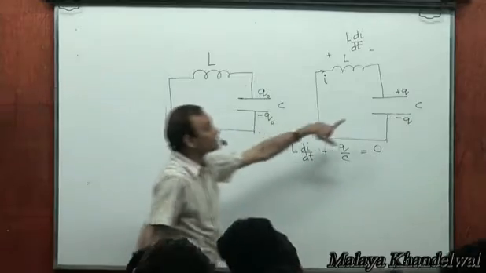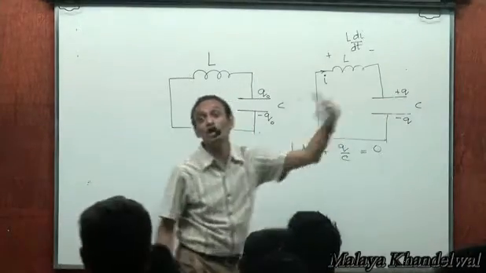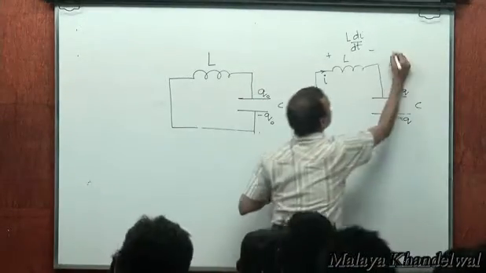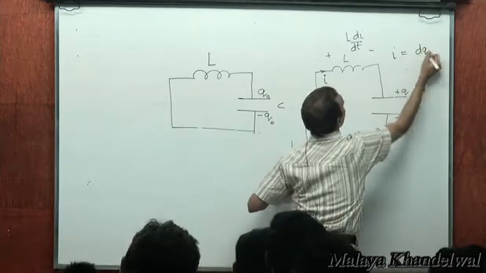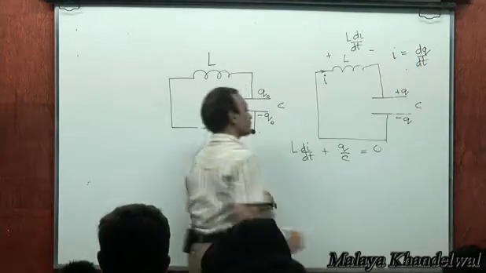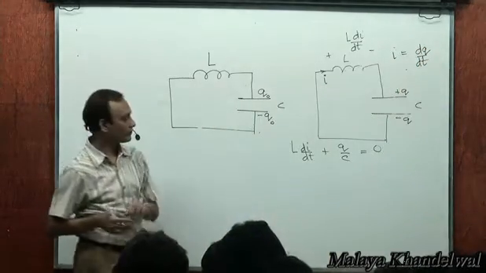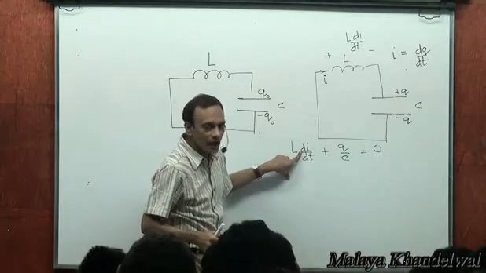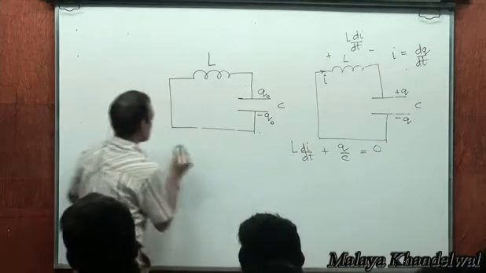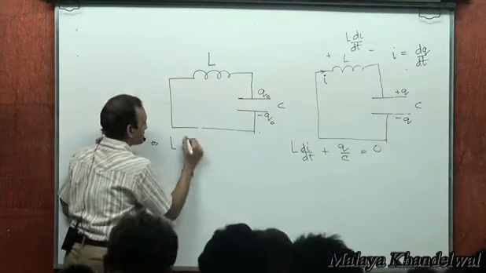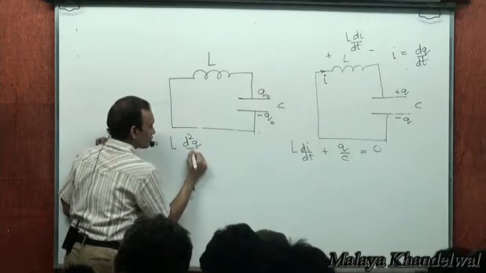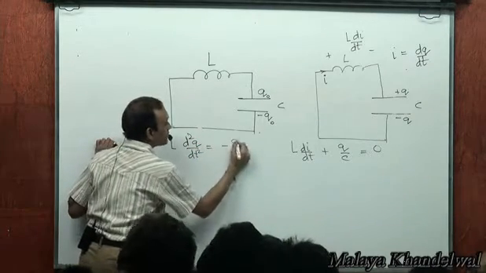But the rate at which this deposition changes with time will measure current I. So I will be measured by dq/dt. So this I can write as dq/dt, which then renders as d2q/dt2 equal to minus q by C.